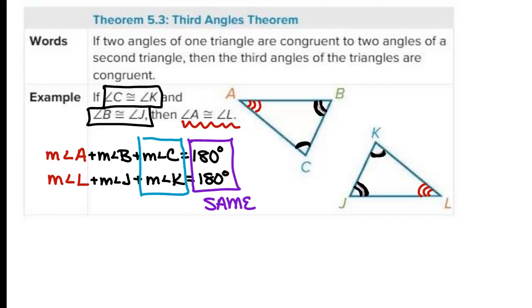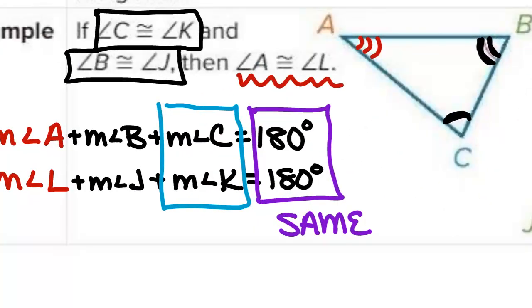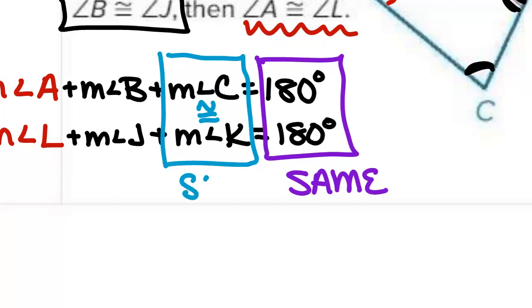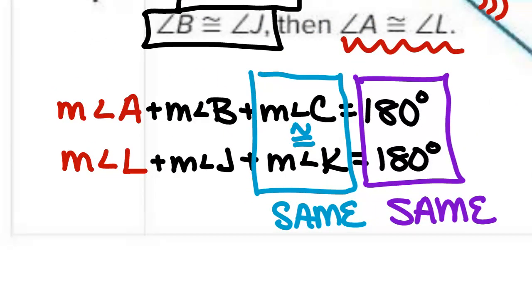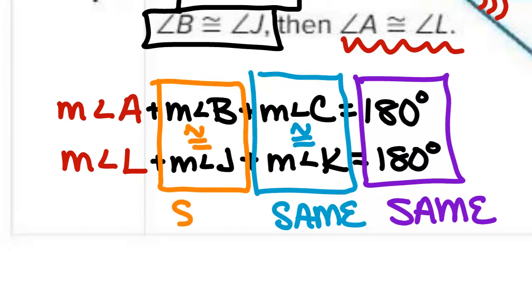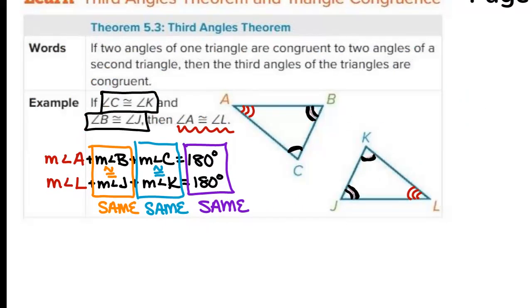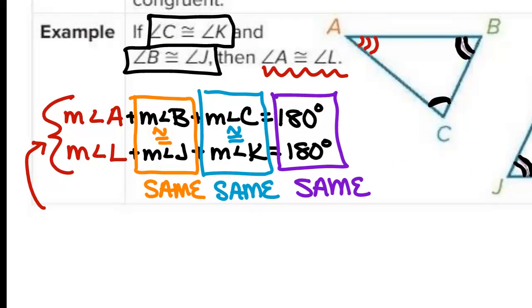Angle C and angle K are congruent. We were given that in the picture, so that means they're the same. Angles B and J are congruent. We were given that in the picture, so their measurements are the same. If all of that stuff is the same, then that means that these two must be the same.